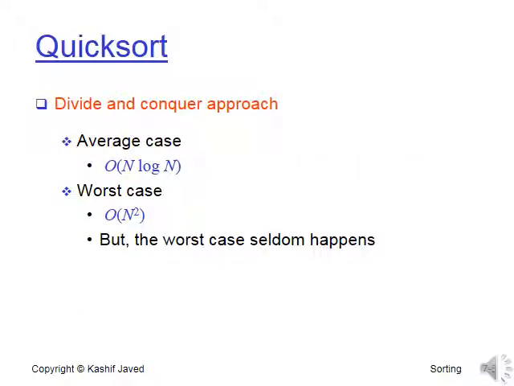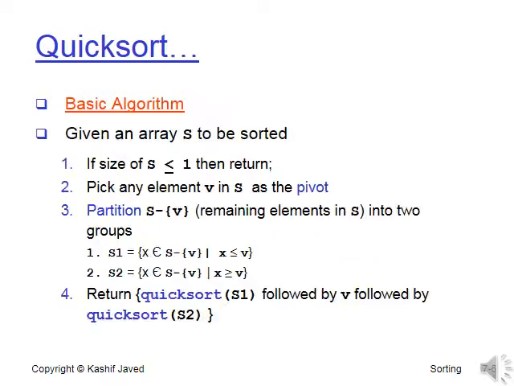As mentioned earlier, Quicksort uses divide and conquer approach, and on average it has time complexity of order n log n. Although its worst case time complexity is order n squared, the worst case seldom happens.